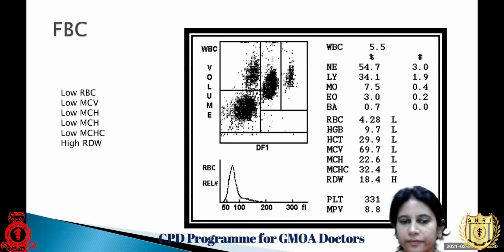When you see the graph, because cells are small, the curve has shifted to the lower side. So basically, you have some idea what you are dealing with. Without seeing the blood picture, you can see here it's microcytic hypochromic anemia with high RDW.